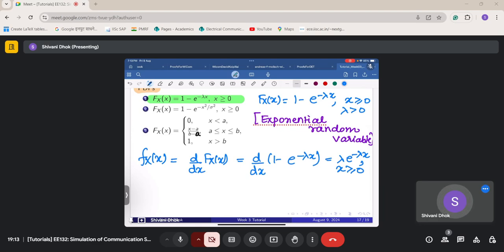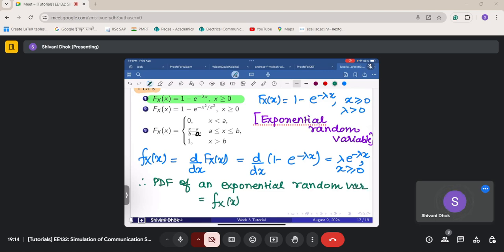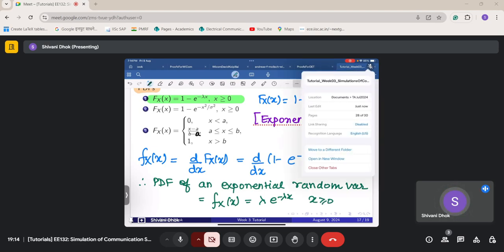So therefore the PDF of an exponential random variable is fx of x equal to lambda e power minus lambda x for x greater than or equal to 0. So how does this look?